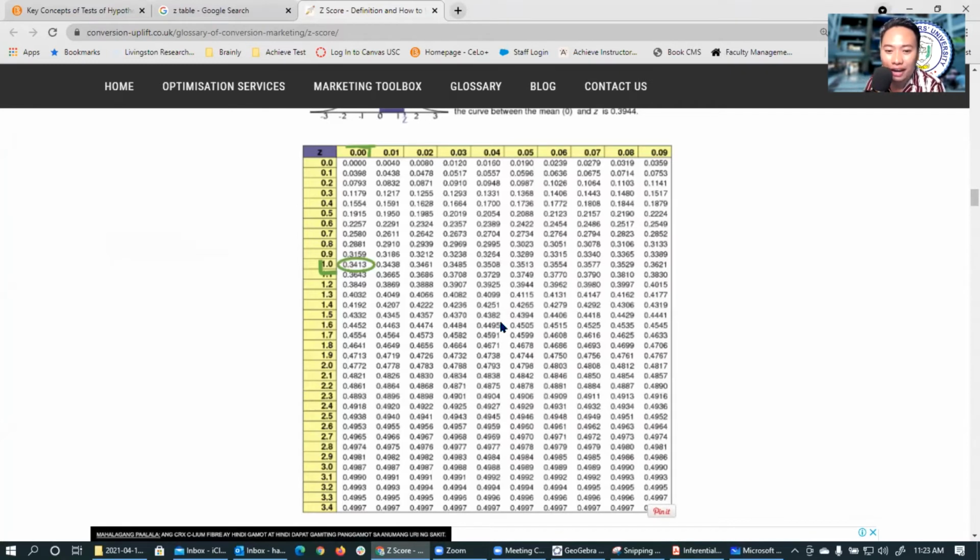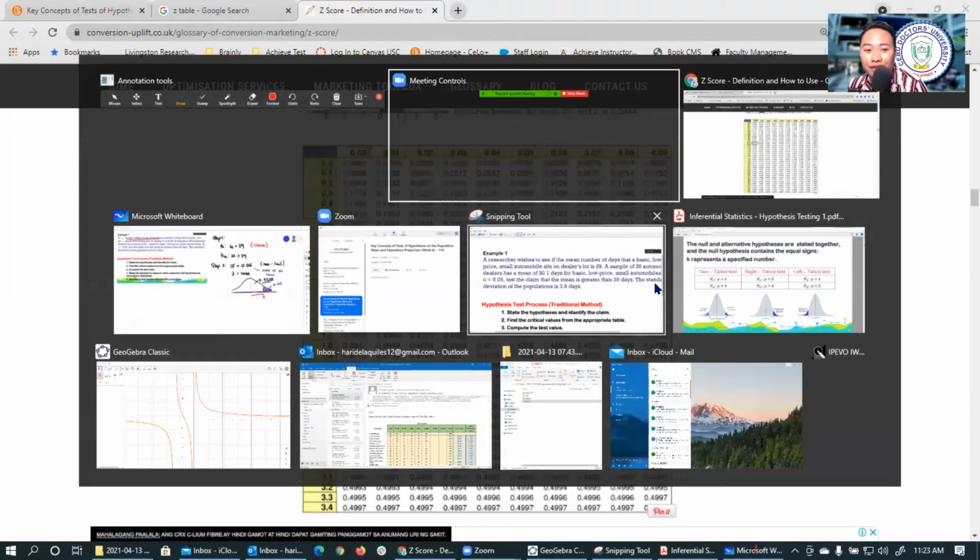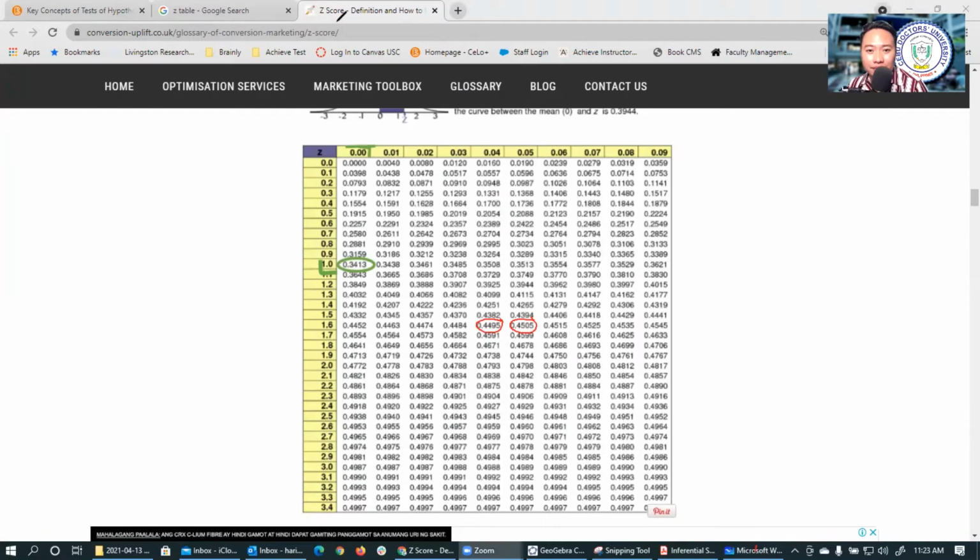What you can actually find, guys, is, let me annotate, 0.4495 or 0.4505. They are both close to 0.45. Agree? You can use either of the two.